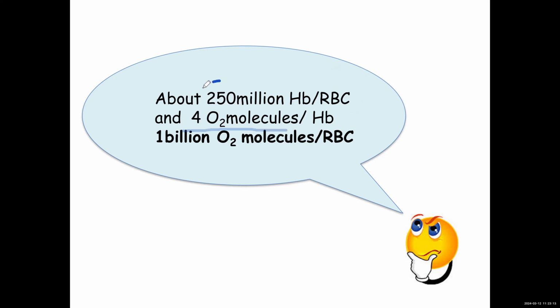So if you multiply 250 million molecules of hemoglobin by 4, that means inside one red blood cell, you have 1 billion oxygen molecules. So it can carry 1 billion oxygen molecules. Sometimes it carries less, but the maximum it can carry is 1 billion molecules of oxygen in one red blood cell.